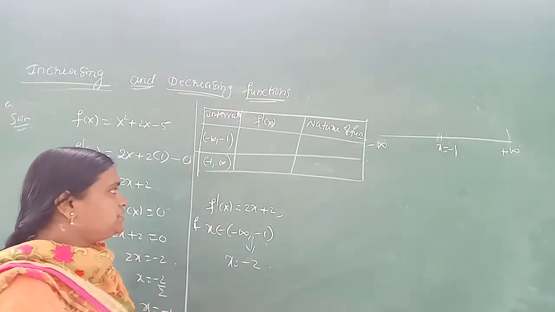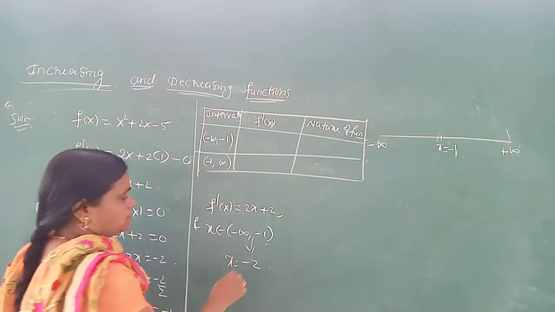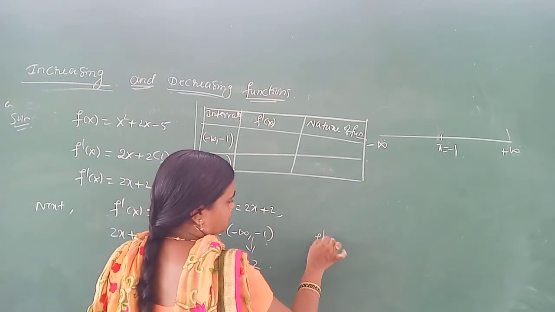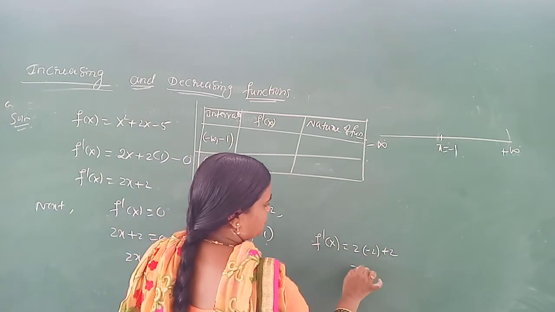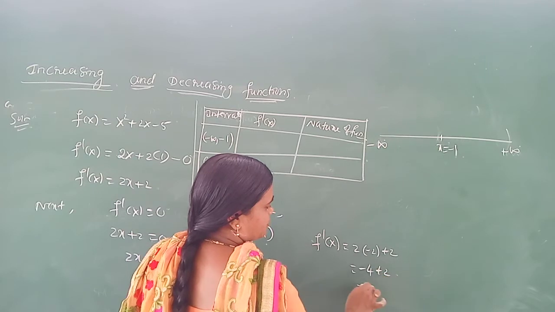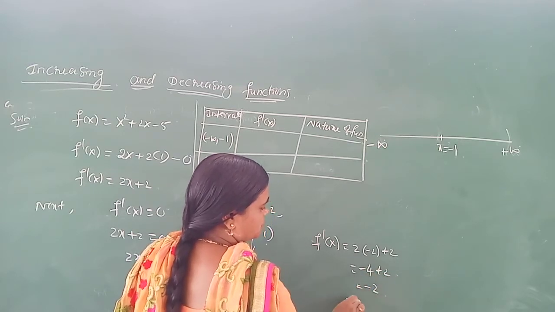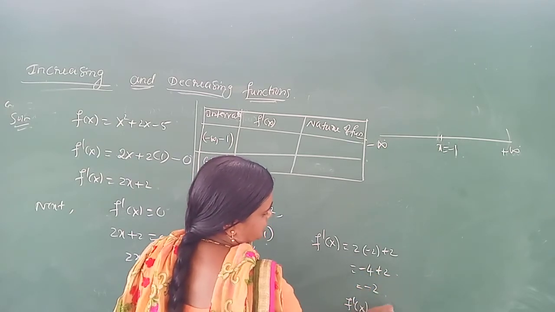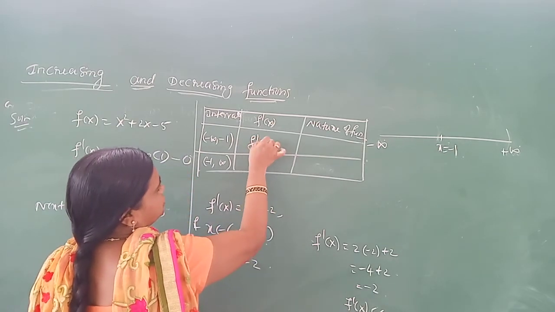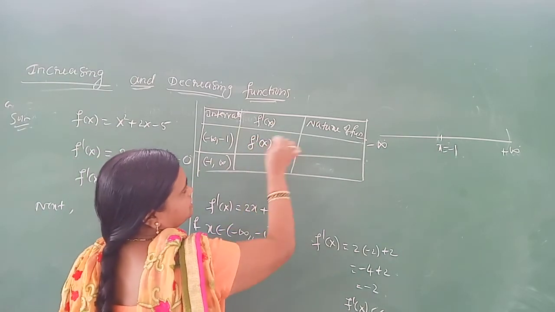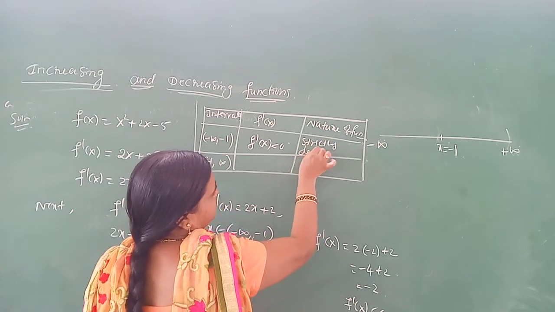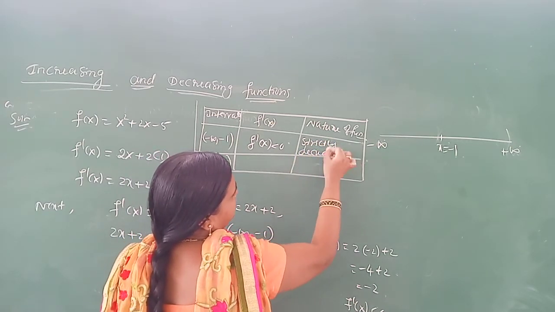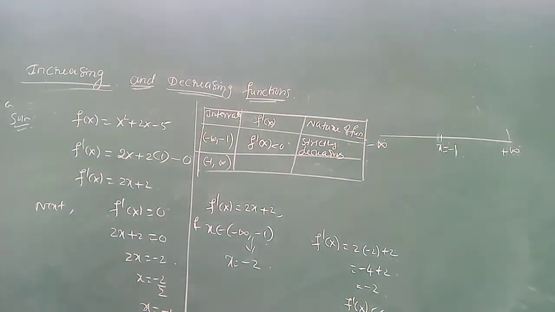Therefore, we are considering it is minus 2. Then what is f dash of x? See, 2 into minus 2 plus 2. We get minus 4 plus 2. We get minus 2. Means f dash of x is less than 0, means it is strictly decreasing. Less than means it is decreasing, strictly decreasing.